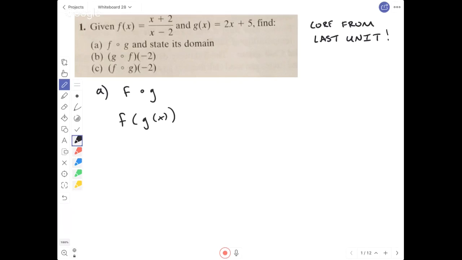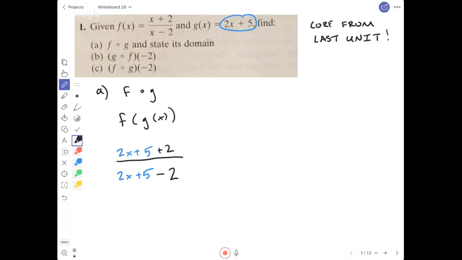So f of x is blank plus 2 over blank minus 2. And now I'm going to include my g of x function wherever there was an x. 2x plus 5, 2x plus 5. And let's simplify.